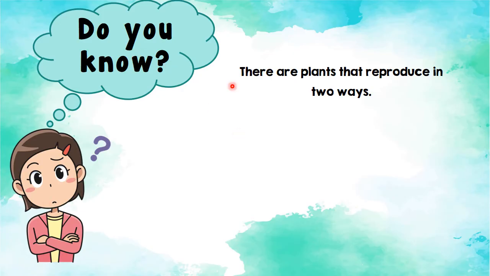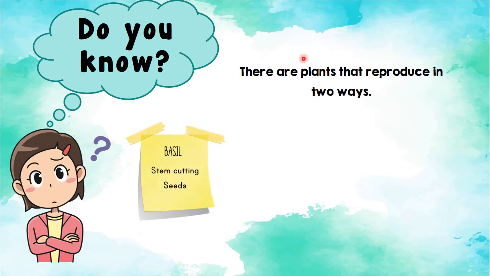Do you know there are plants that can be reproduced in 2 ways? Basil, selasih can be reproduced through stem cutting and seeds.